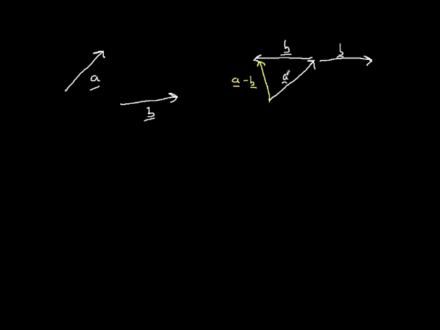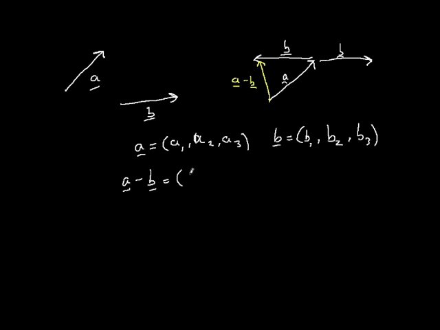Vector subtraction is defined in a very similar way to vector addition. If vector A is A1, A2, and A3, and my vector B is B1, B2, and B3, then A minus B, and you've probably guessed it already, is A1 minus B1, A2 minus B2, and A3 minus B3. I'll quickly go through an example of that.